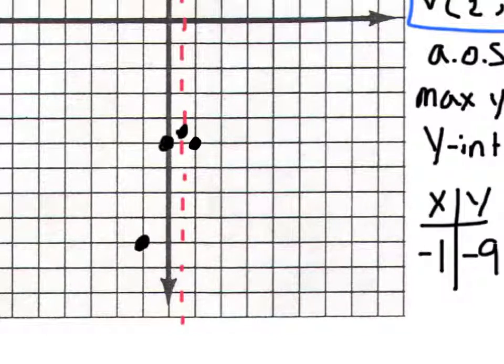So I've got a point sitting there. This point here is 1.5 units away from the axis of symmetry. So again, it gets reflected 1.5 units to the other side. And now that we have our 5 points, we can draw our parabola.